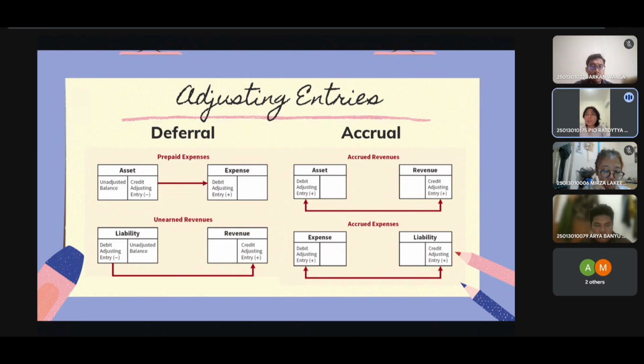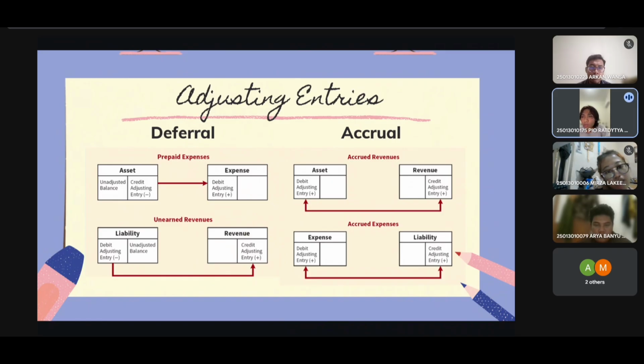Here are the positions of deferral and accrual in adjusting entries. For deferral, there are prepaid expenses where the asset is in credit, where it decreases, and the expense is in debit, where it increases. And for the unearned revenues, the liability is in debit, where it decreases, and the revenue is in credit where it increases.